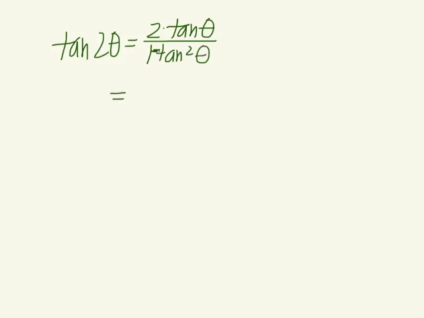Again, we're just going to look at our triangle. In this case, we're just going to replace tangent theta with what it's equal to in the triangle. If you look back up at your triangle, tangent is opposite over adjacent. So the tangent value for this triangle is -5/12.